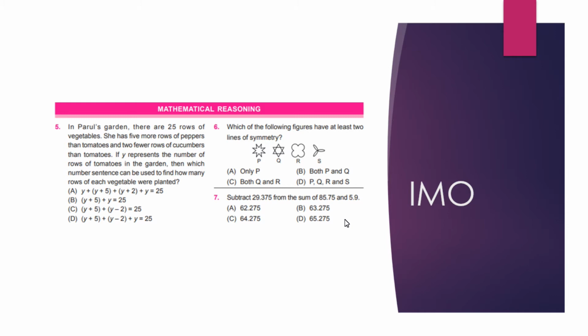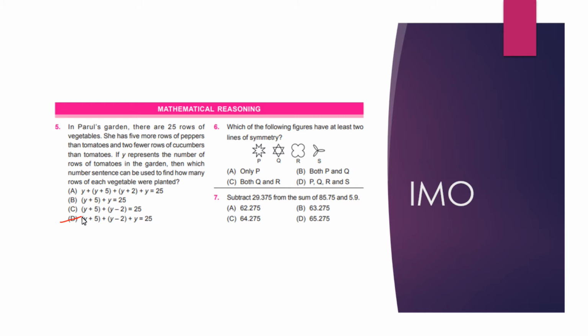The answer is in the form of an algebraic equation, not expression. So just use the variables and constants to find which algebraic equation represents the above situation well. So the answer obviously is D. y plus 5 plus y minus 2 plus y equals 25.